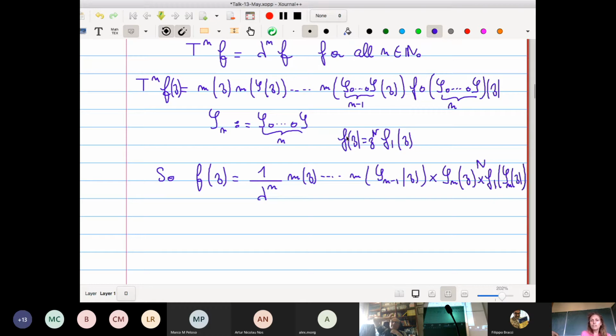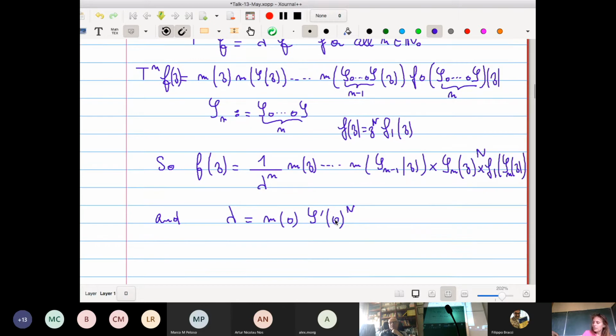Using this decomposition, we have that f is equal to that. And we also know that lambda is of the form m at 0, phi prime of 0 to the n.